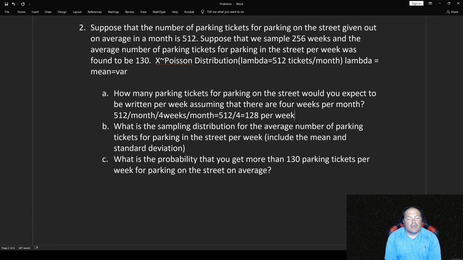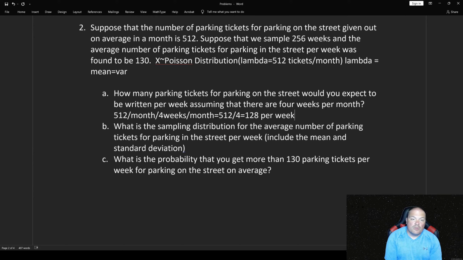Now, we are now going to start talking about sampling distributions. A sampling distribution is the distribution essentially for the average for our particular random variable. Our random variable is the number of parking tickets for parking on the street. That would be what we would consider X. We have to get the sampling distribution of X bar.